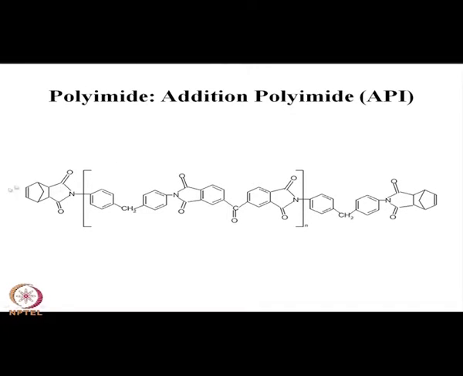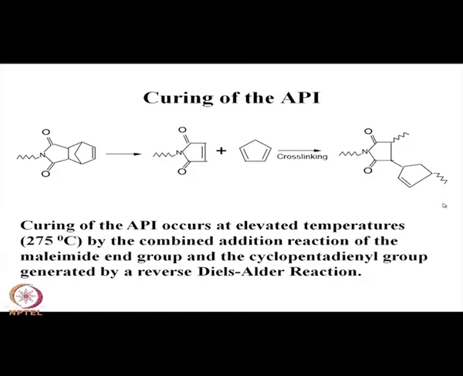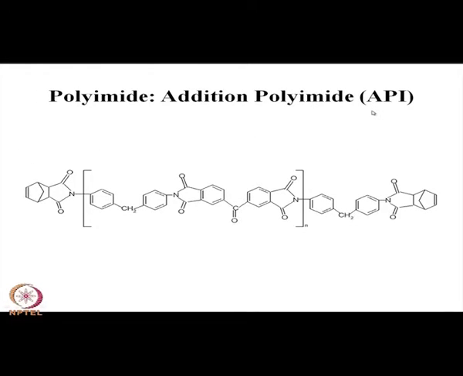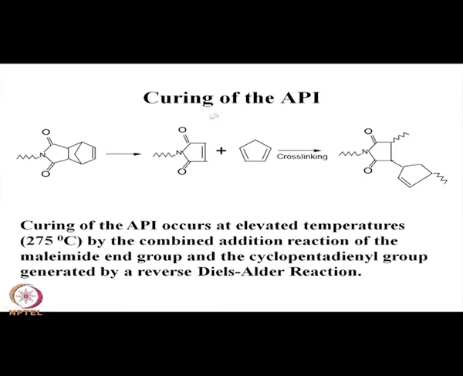Having this double bond over here, this system becomes reactive. This addition polyimide is a reactive system and that is curable or cross linkable. So, that cross linking or curing occurs via this reaction.